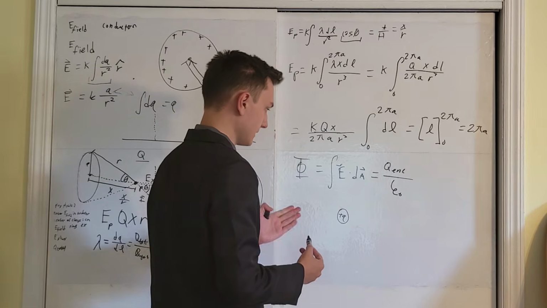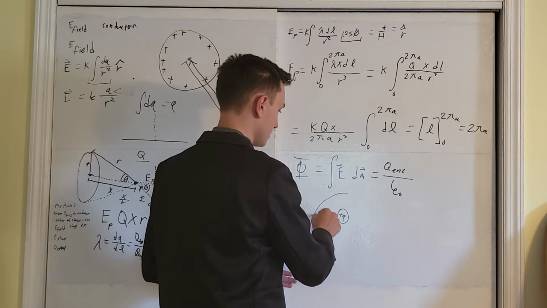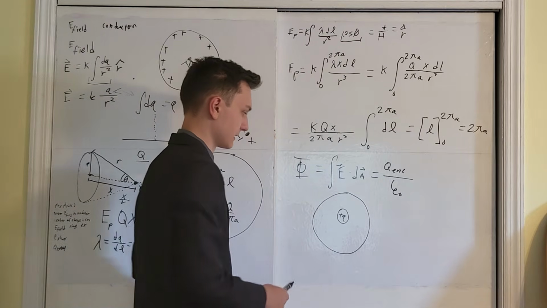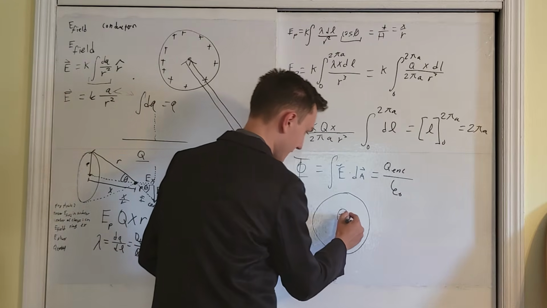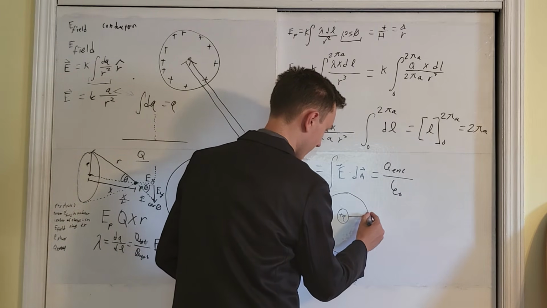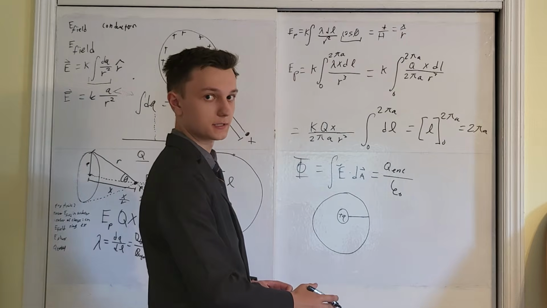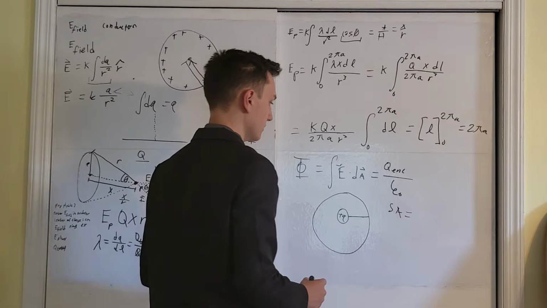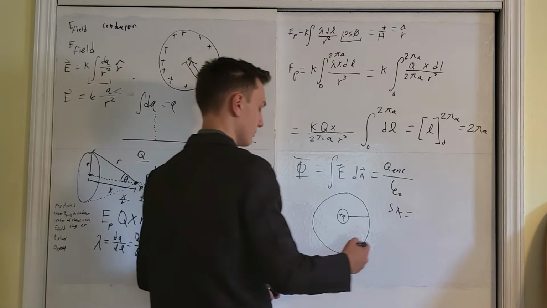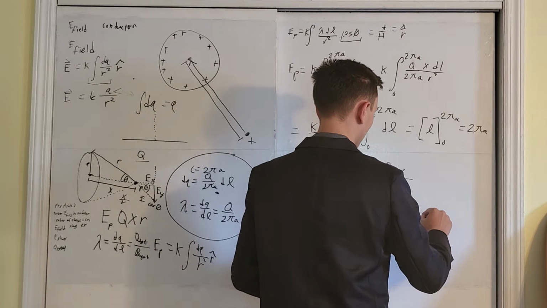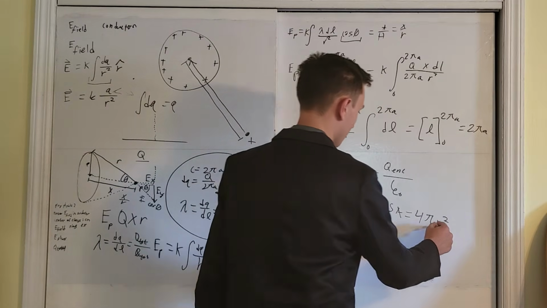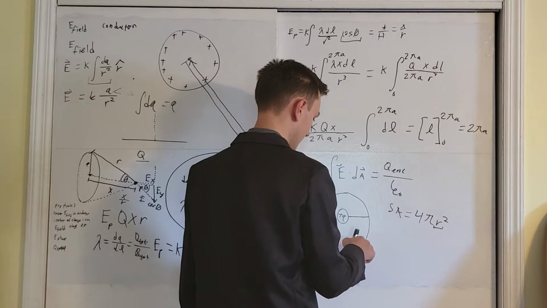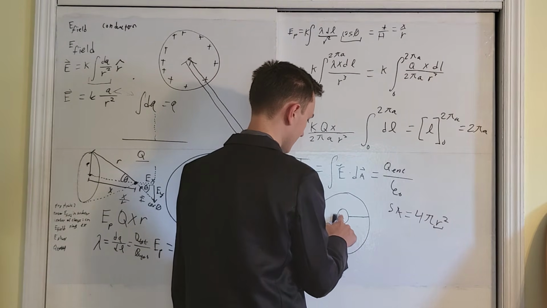An example of the Gaussian surface for this would be a spherical shell around the sphere at the center, such that every edge of the sphere at the center is exactly parallel to every edge of the Gaussian surface. Therefore, the surface area of the Gaussian surface in this example would be the surface area of a sphere, which would be, I believe, 4 pi r squared, where r, of course, is not the distance from the sphere to the shell, it is the distance from the shell to the center of charge.